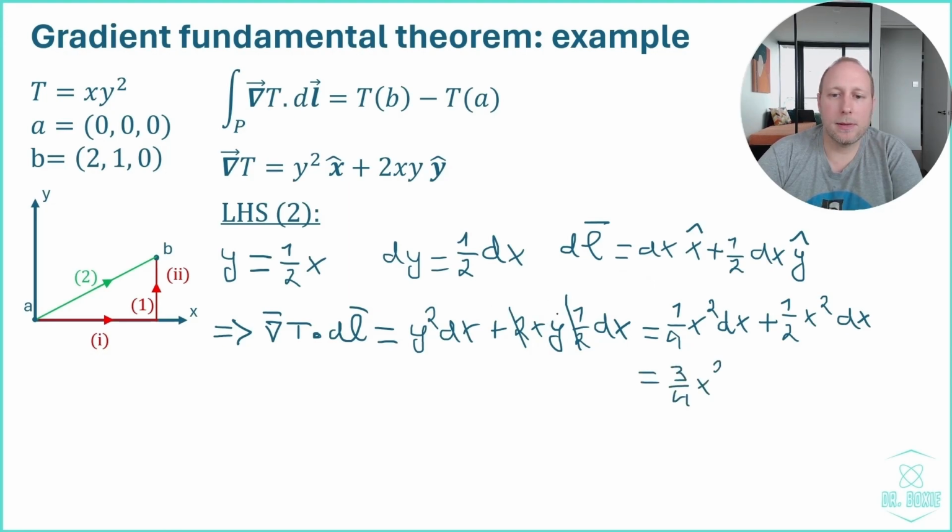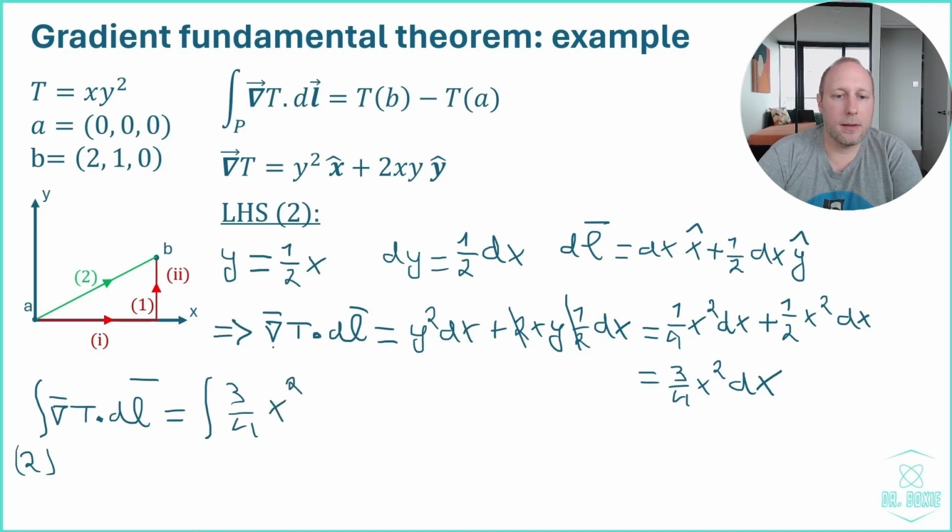3/4 x squared dx. And therefore the line integral along path 2 of the gradient of T is the integral of 3/4 x squared dx, where x ranges from 0 to 2.